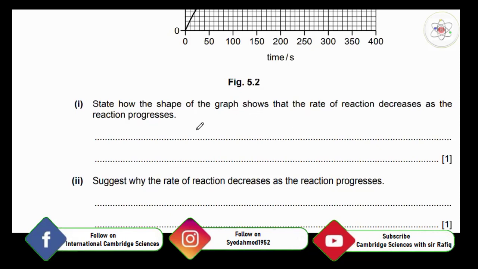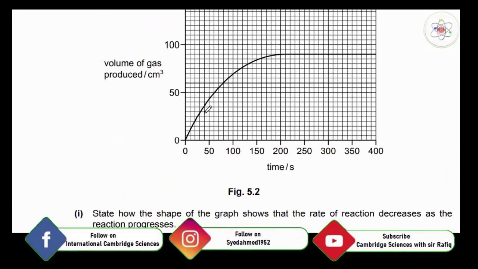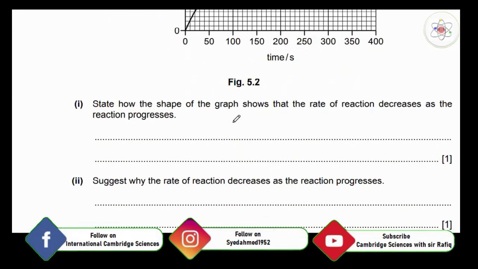So if we go back, you will see that the gradient is decreasing. Okay, it clearly shows that the rate of reaction decreases. So you will write as the gradient decreases, right?